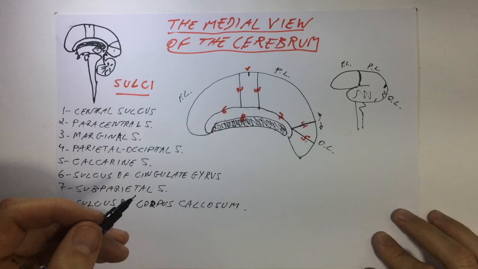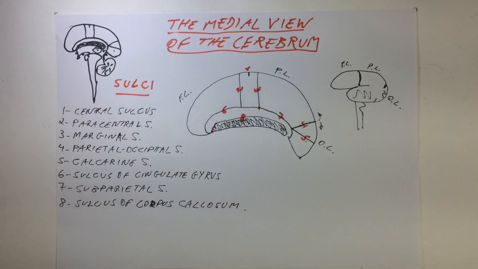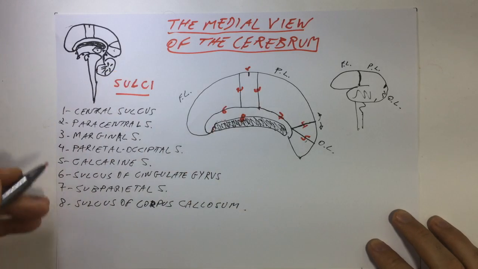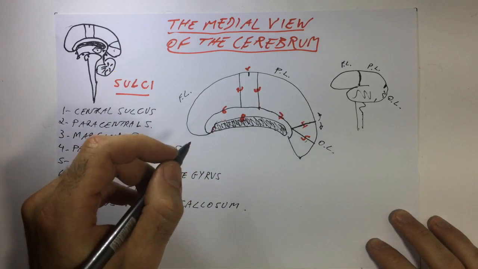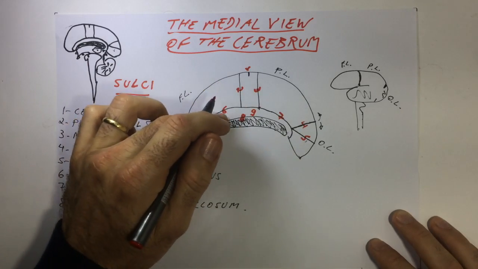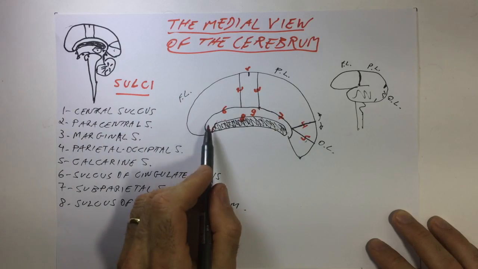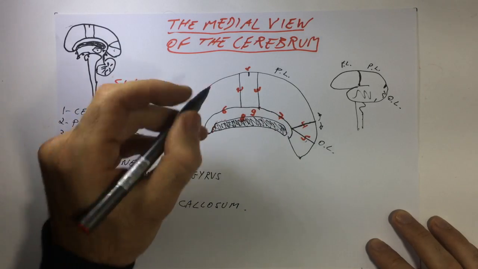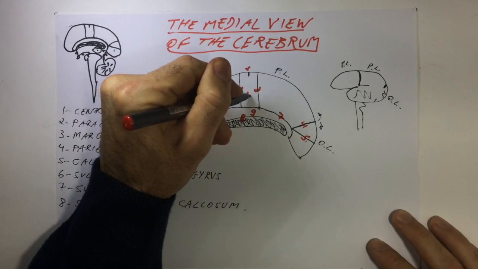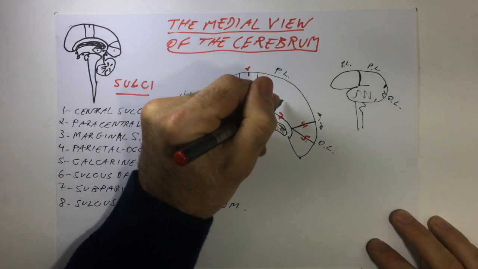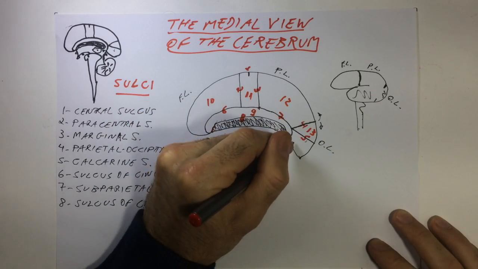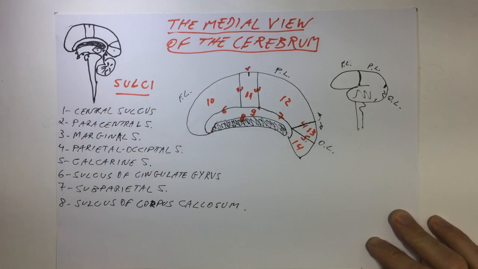And when it comes to the gyri, I'm going to just keep writing the numbers here. So 8. So we have 9, this gyrus here, 10, this big one here, 11 here in the middle, 12, 13, 14.